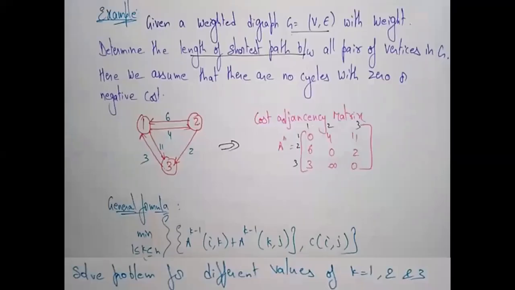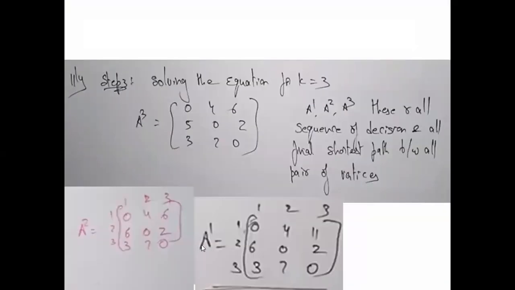Finally, with 3 vertices, A1, A2, A3 are the sequence of decisions, and the final shortest path between all pairs of vertices. Thank you all.